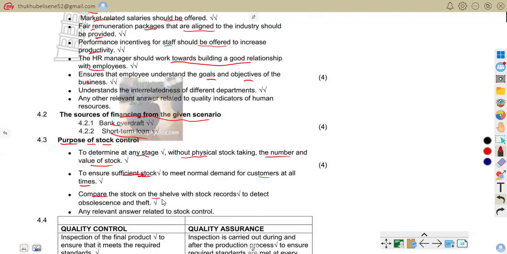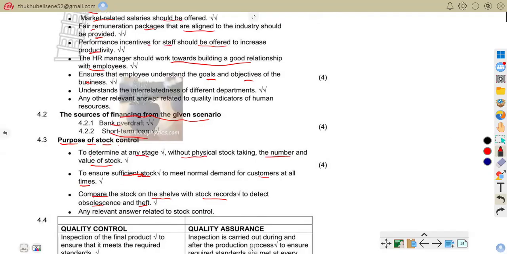Compare the stock on the shelf with the stock records to detect obsolescence and theft, whereby you compare shelf stock with records to detect theft or obsolescence. So you identify discrepancies and outdated products. For example, discovering missing items during stock comparison. So that is that, good people.